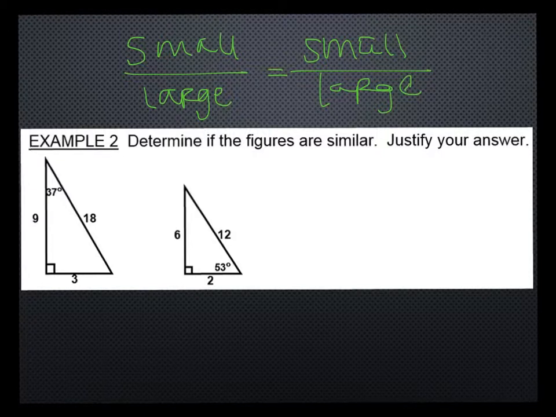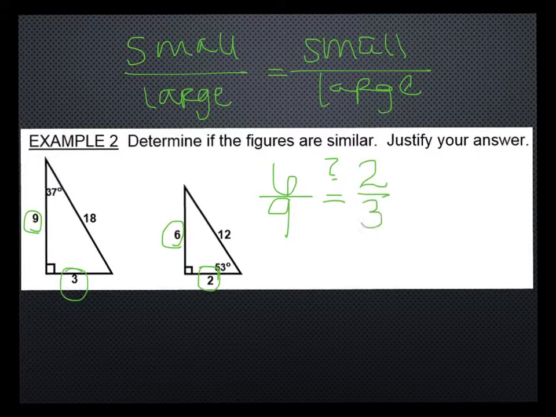So first we'll take the small, which is 6, put it over 9. So we have small over large to its corresponding part. Let's see if that equals our small over our large.